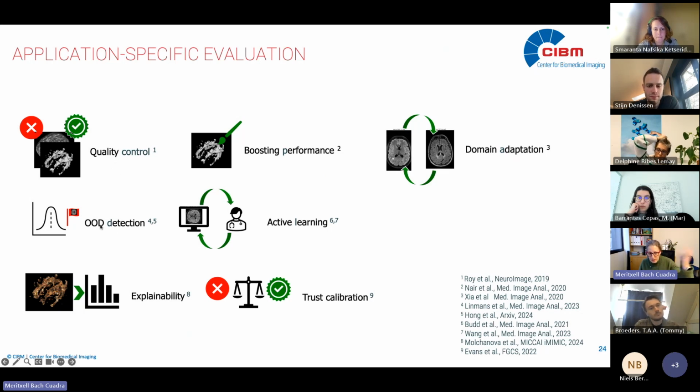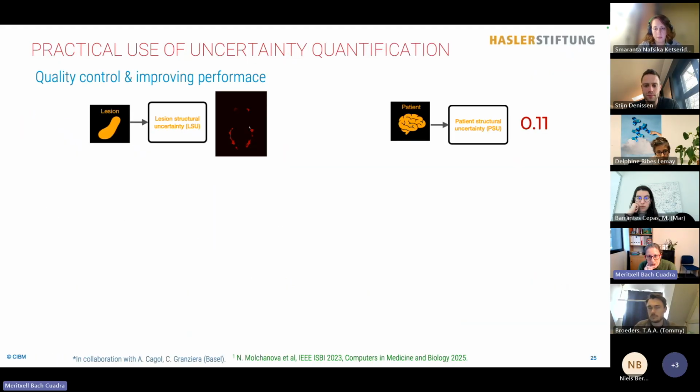You can use it for outlier detection. We have been exploring it in terms of explainability. It can help boost the performance, I will show you an example. And there are a lot of things that you can do once you have this second layer of information that regards the uncertainty.